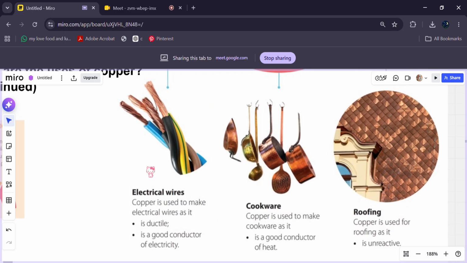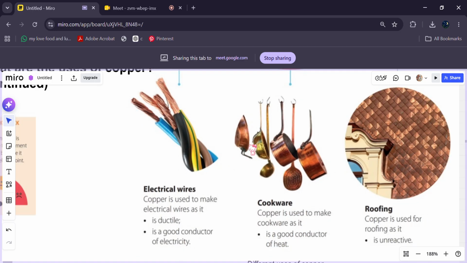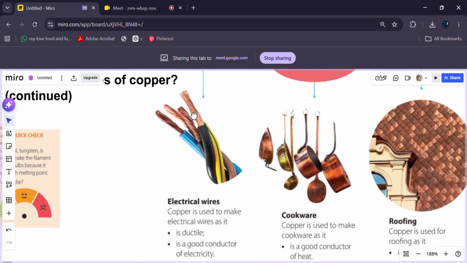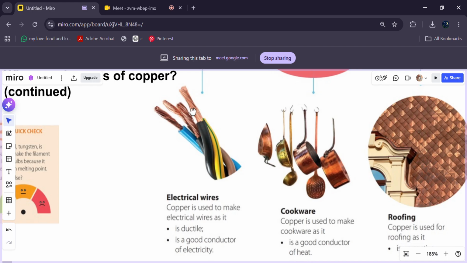So why is copper used to form electrical wires? Well, because it's ductile. That means you can easily shape it to form wires, and it's a very good conductor of electricity. Because copper is a metal, it's a good conductor of electricity.